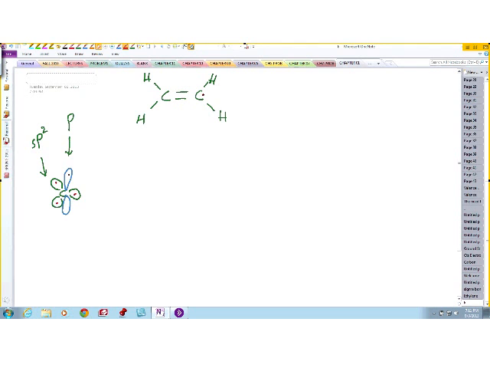Okay, now let us take a look at this other carbon. That carbon also has sp2 hybridized orbitals, three of them, and it also still has a p orbital that was not part of the hybridization.